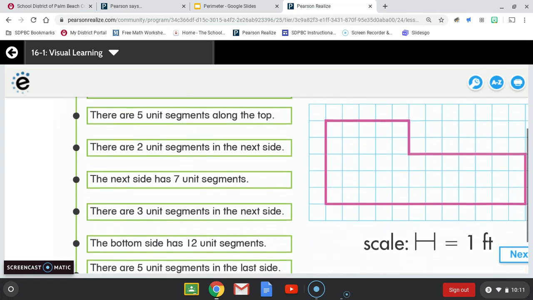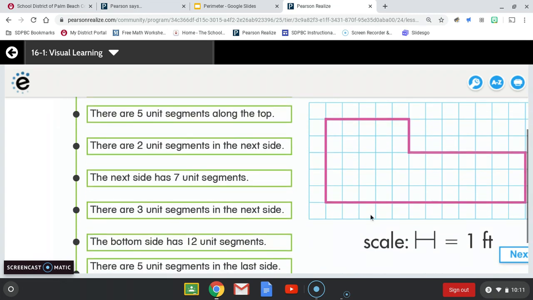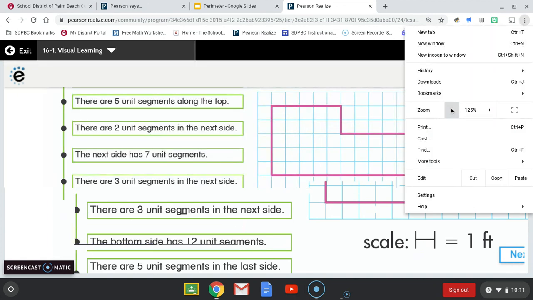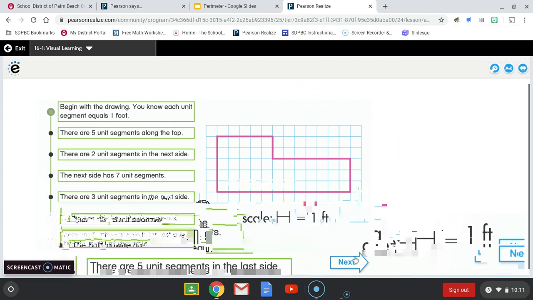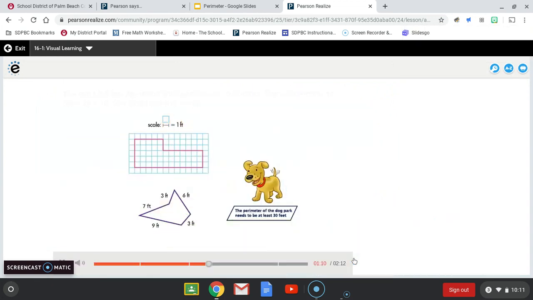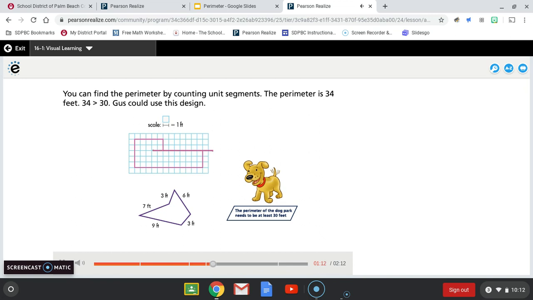So the distance around this entire shape is 34 feet. I'm going to zoom us back out before we move on. You can find the perimeter by counting unit segments. The perimeter is 34 feet. 34 is greater than 30. Gus could use this design.